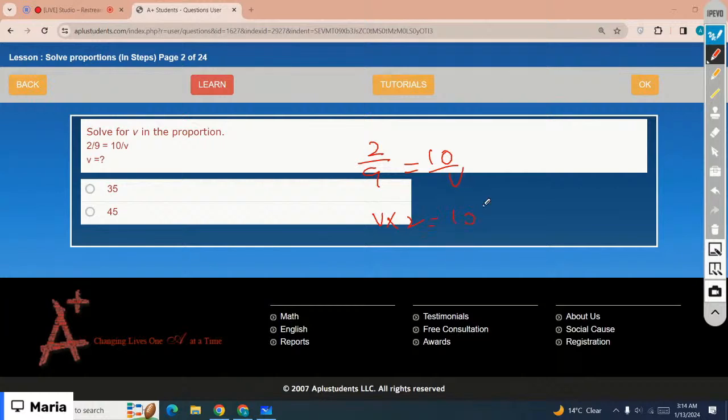So that is V equal, divide both sides by 2. So that is 2 times 5 is 10 and 5 times 9 is 45. So the correct option is 45.